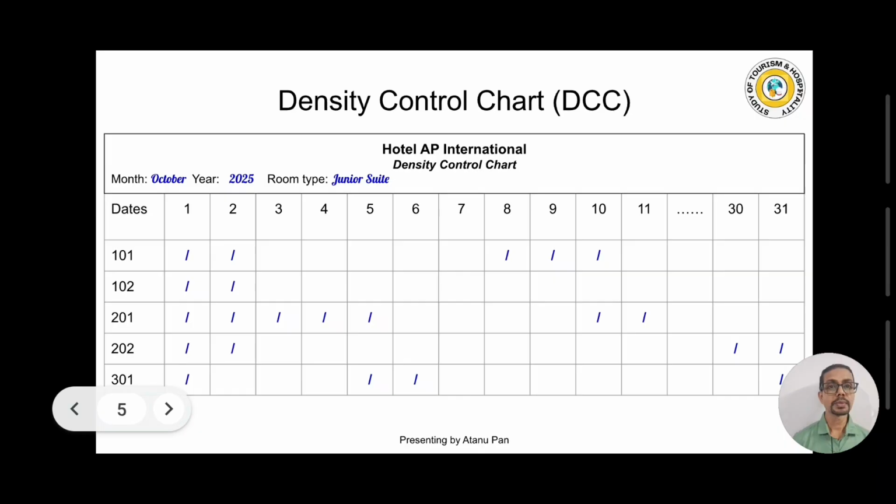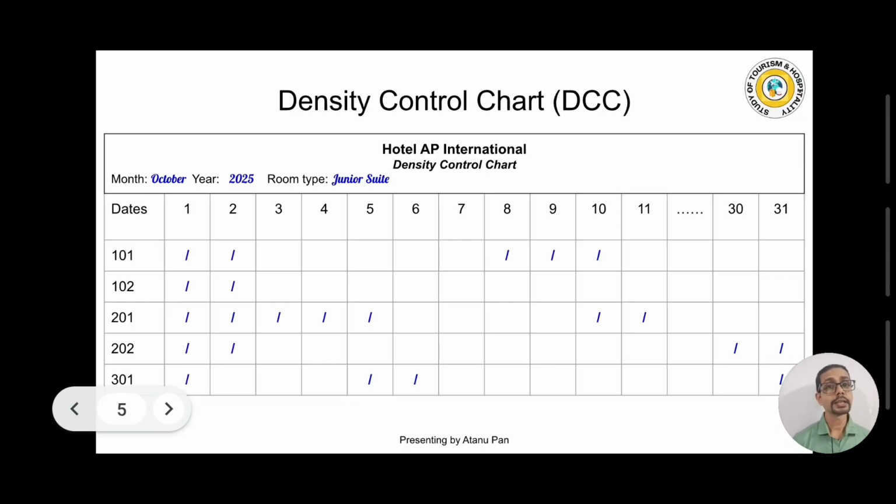For example, the hotel is Hotel AP International, and it has 5 junior suites: 101, 102, 201, 202, and 301.